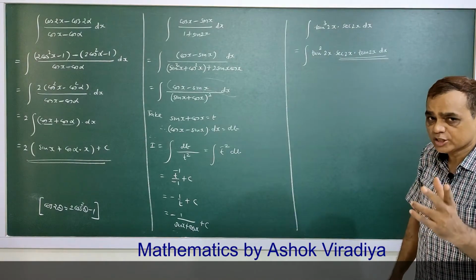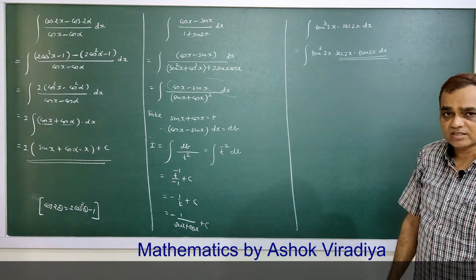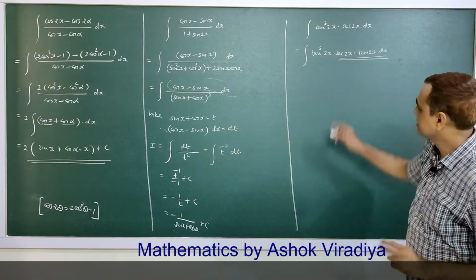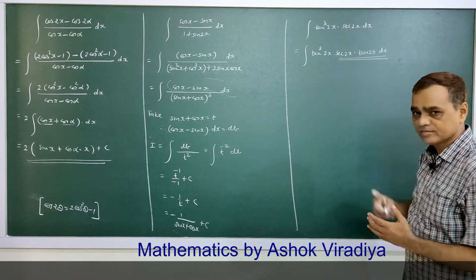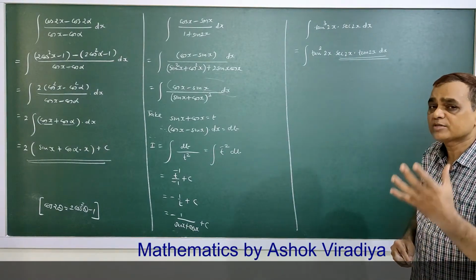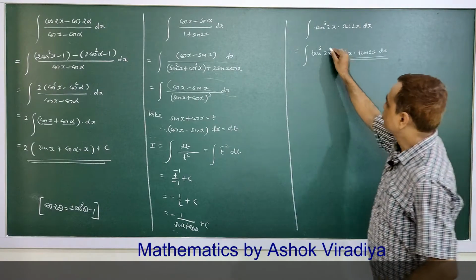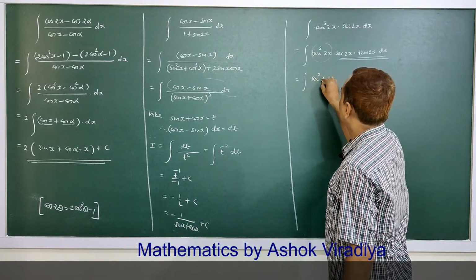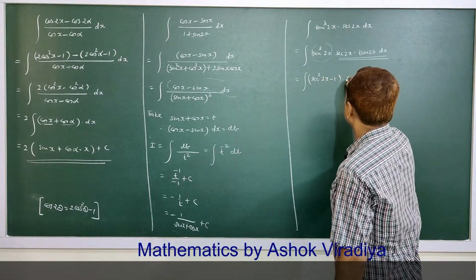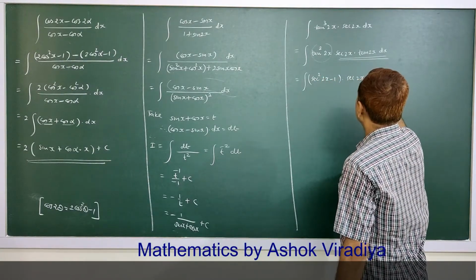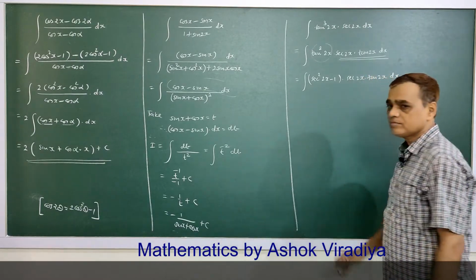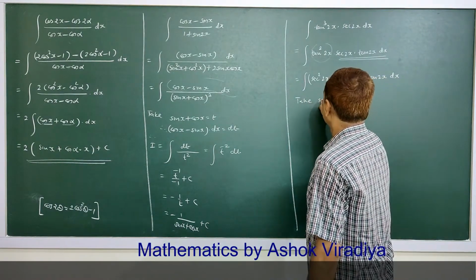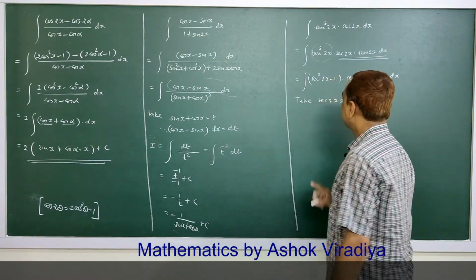If we substitute sec equal to t, then derivative of sec is sec into tan. That can be removed. So to substitute sec equal to t, this should be converted into sec. So this is sec square 2x minus 1, sec 2x tan 2x dx. And now see, we take sec 2x equal to t.